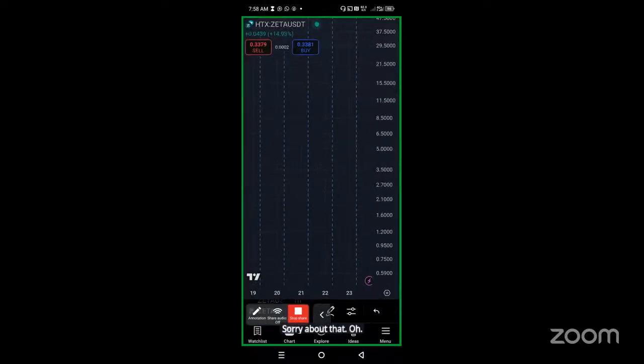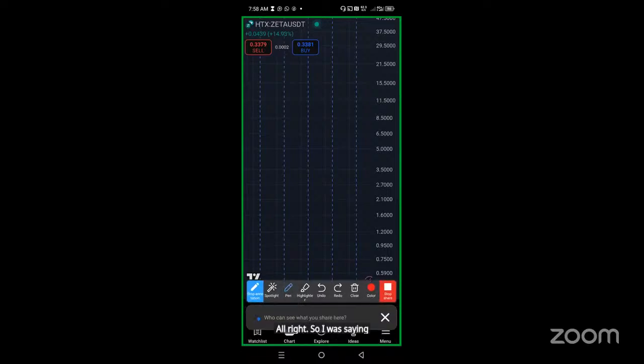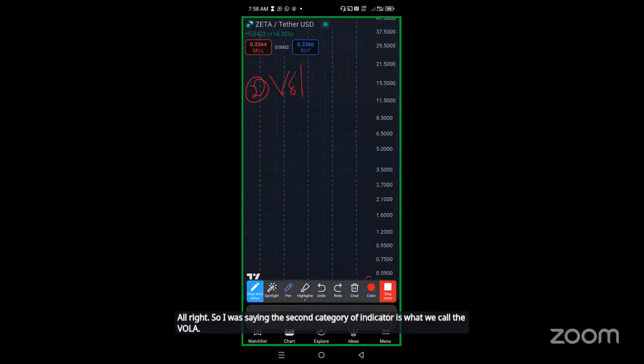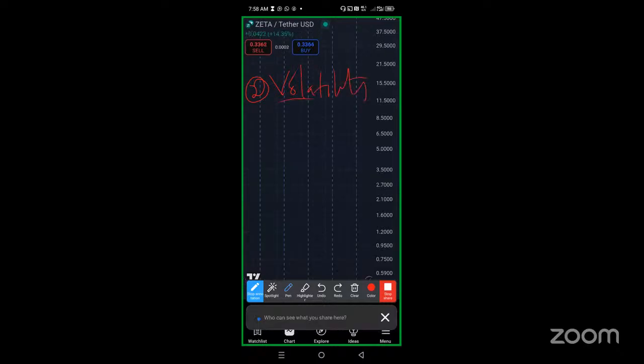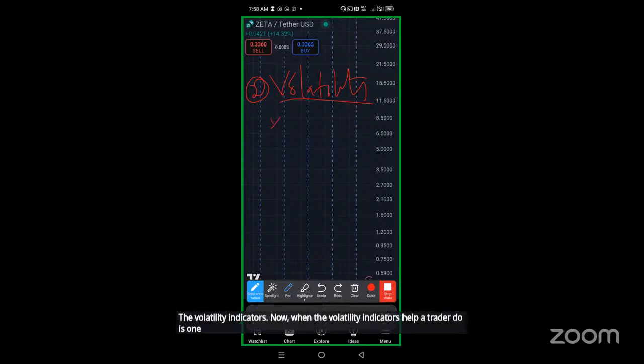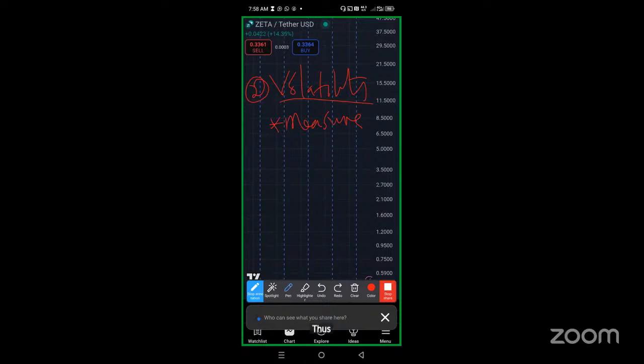All right. So I was saying the second category of indicator is what we call the volatility indicators. Now, what the volatility indicators help a trader do is, one, it helps you measure price fluctuations in the market.